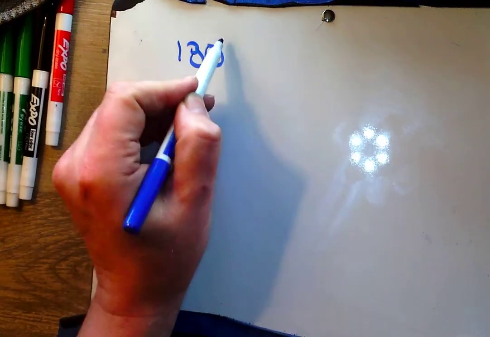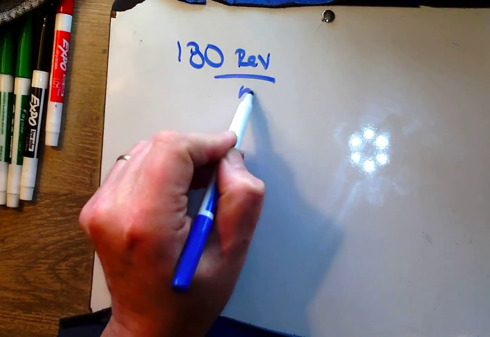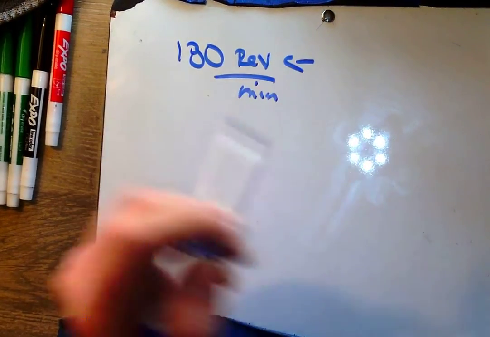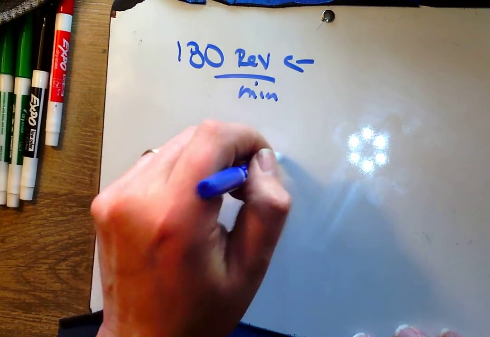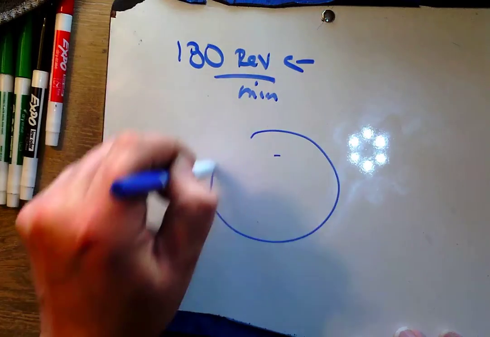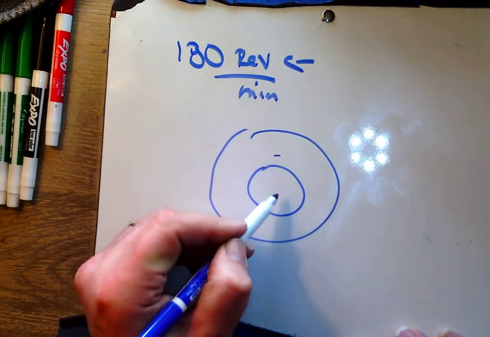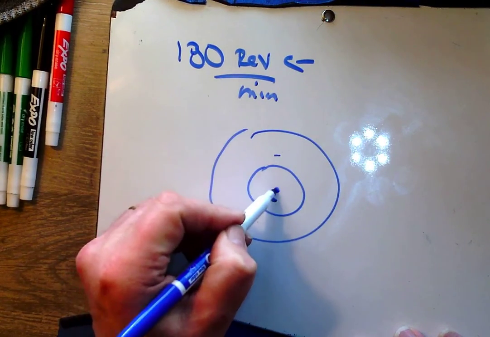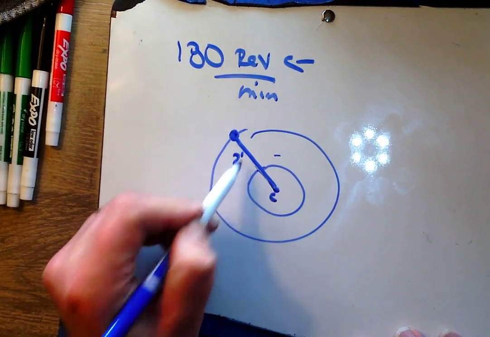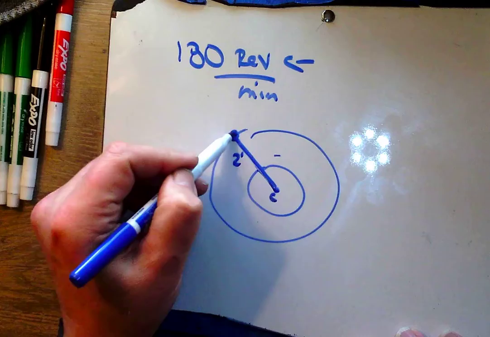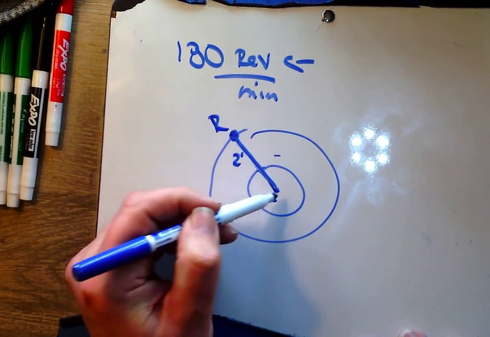Oh, look, revolutions. I'm going to have to convert that to radians. There's a little picture of it here, with some concentric circles. So here's the child, and there's 2 feet of rope, and then we've got a little rock out here.